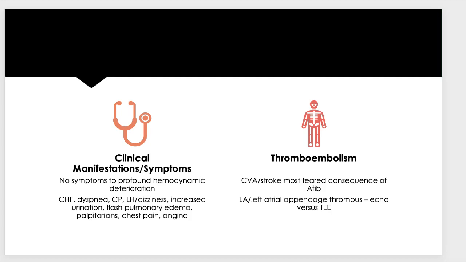This is why we put patients on anticoagulants when they're first diagnosed with atrial fibrillation. To assess the left atrial appendage for thrombus, we need to do either an ultrasound or echocardiogram versus a transesophageal echocardiogram.